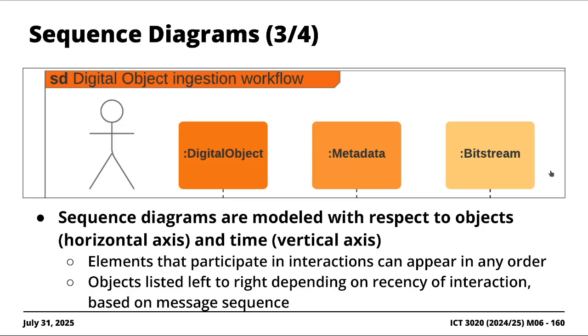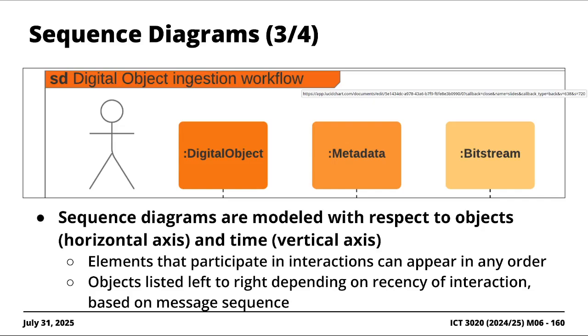In the use case diagram, all we are doing is specifying the user, using a stick figure, as an actor, and then we draw an association to an oval shape or an ellipse that represents that use case called object ingestion.